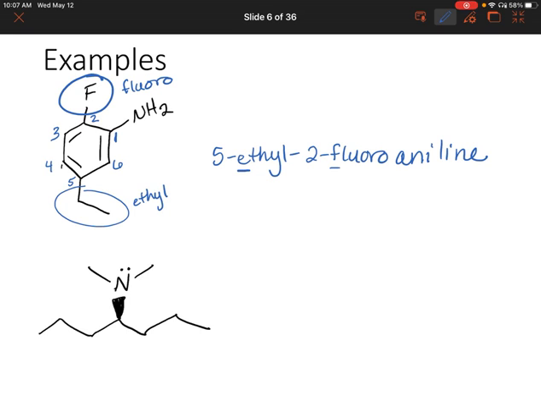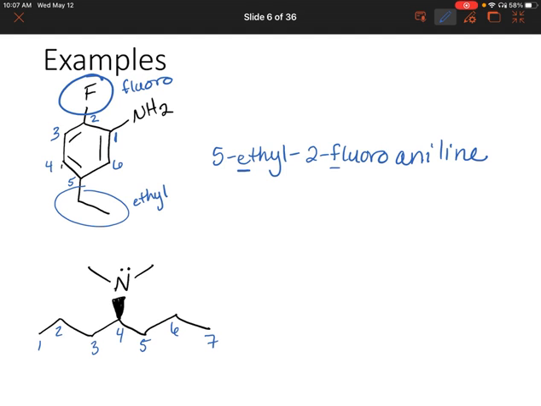Now let's look on the bottom here of the slide. How would we name that molecule? Well, we have a pretty long carbon chain, so maybe the first thing we should do is just number it. And it doesn't really matter which way we number it, right? Because the nitrogen group is right in the middle. So we'll just figure out how many carbons we have here.